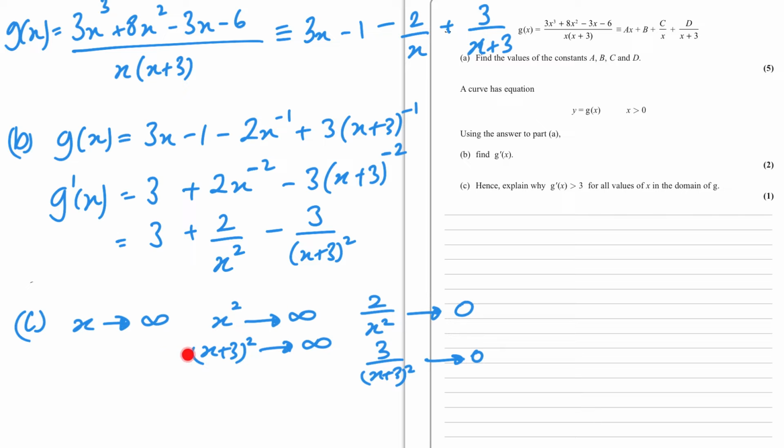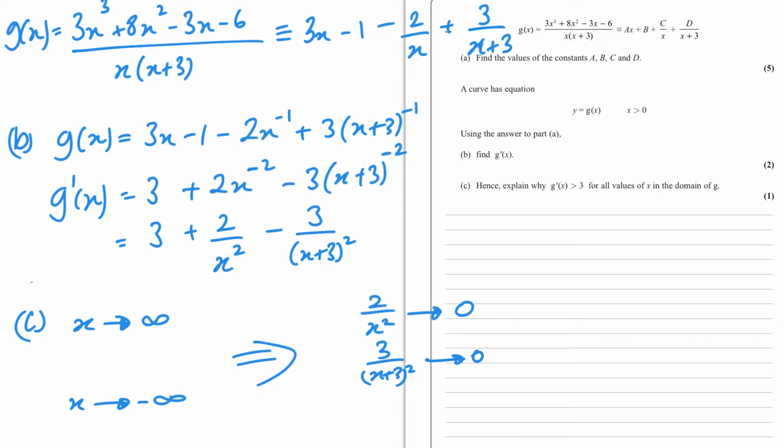I could actually take these bits out. These bits aren't actually necessary, so let's do that to simplify it a little bit for you guys. Now, as x tends towards negative infinity, this scenario still happens, so it doesn't really matter. I can put it in the same thing for both.